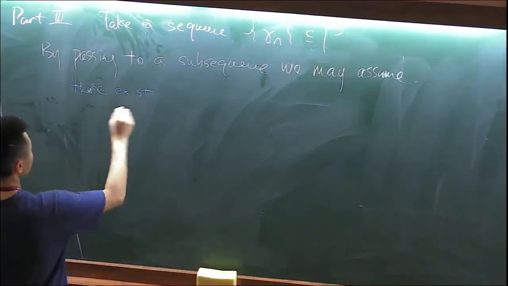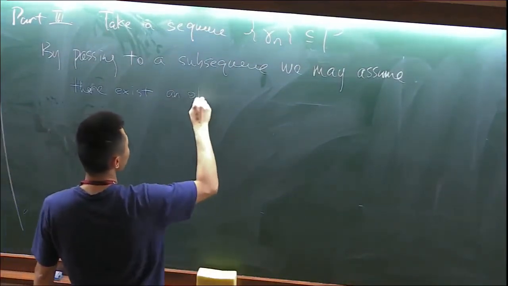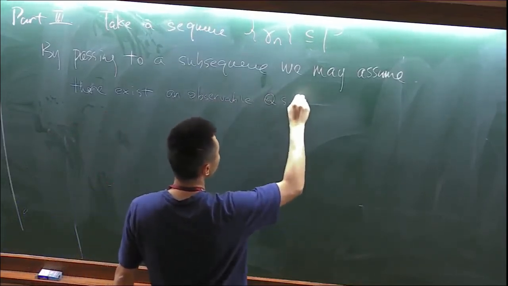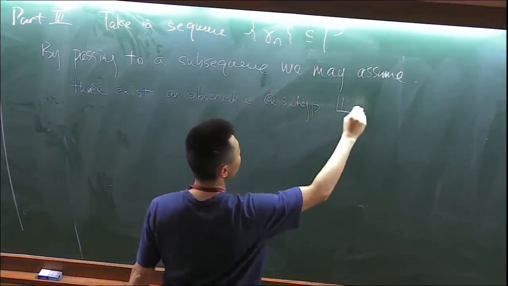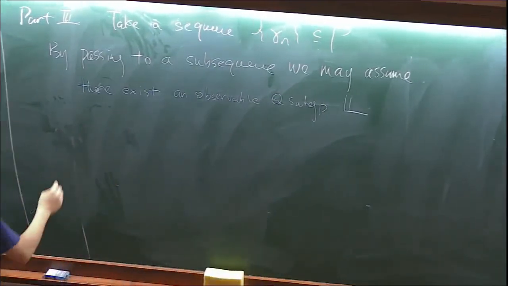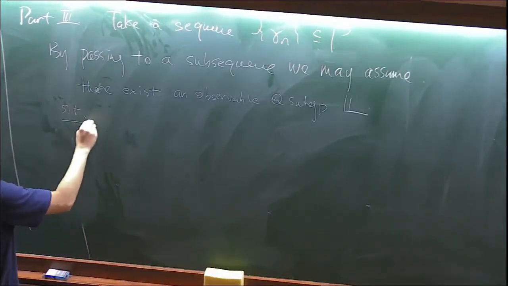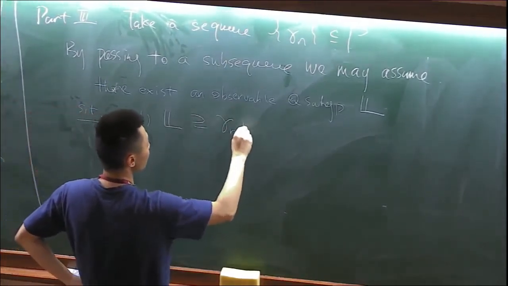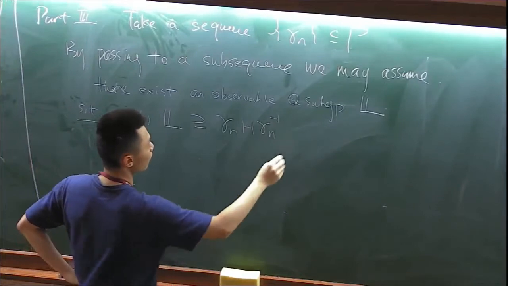So there exists an observable Q subgroup L such that first, L should contain gamma n H gamma n inverse for all n.